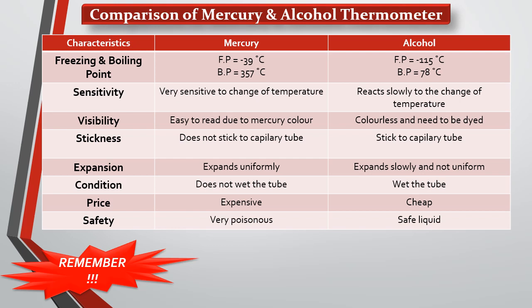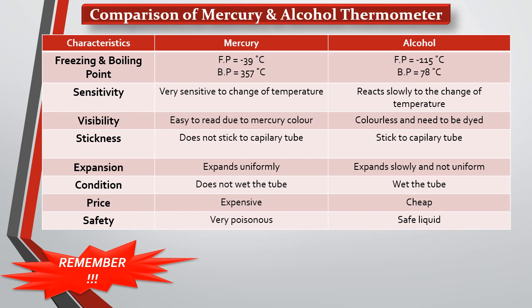Stickiness: mercury does not stick to the capillary tube, but alcohol does. Expansion: mercury expands uniformly with change of temperature, but alcohol expands slowly and not uniformly. So for expansion, mercury is much better than alcohol.